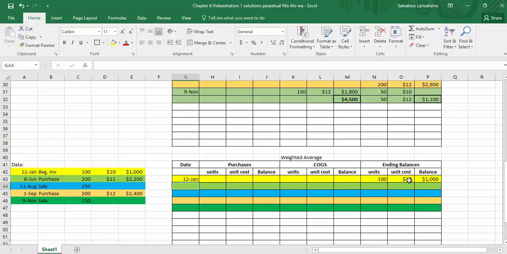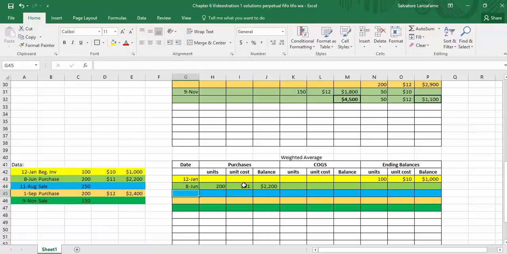Now we're on June 8th, and on June 8th, we bought 200 at 11. And let's do that math, 200 times 11. And for the third straight time, we have 2,200.